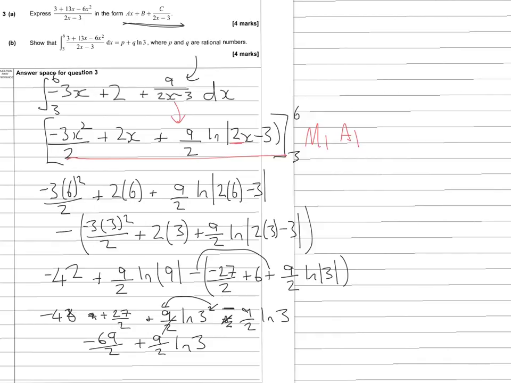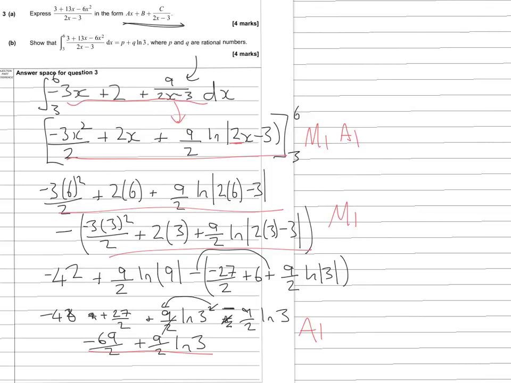As long as what you got here matched the integration that you did, you got an accuracy mark there, which was a bit unusual. Then you did the substitution correctly, so that was an M1, and then you came out with the correct answer. That was an A1. So this question was quite generously marked.